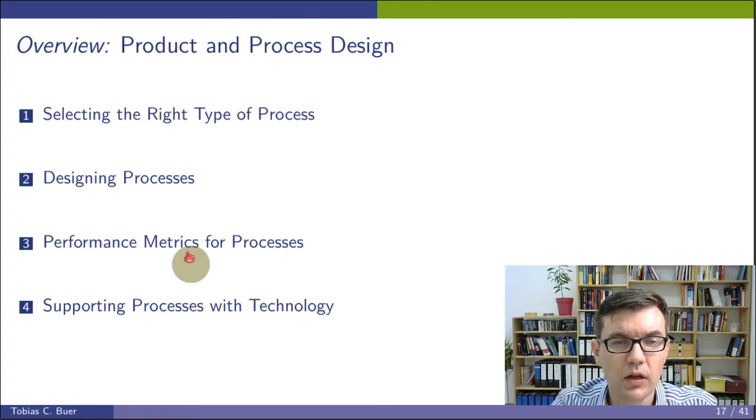We will have a look at some rather simple performance metrics for processes. And finally, we will have an overview of recent technological trends that are able to support and influence the design of our processes.